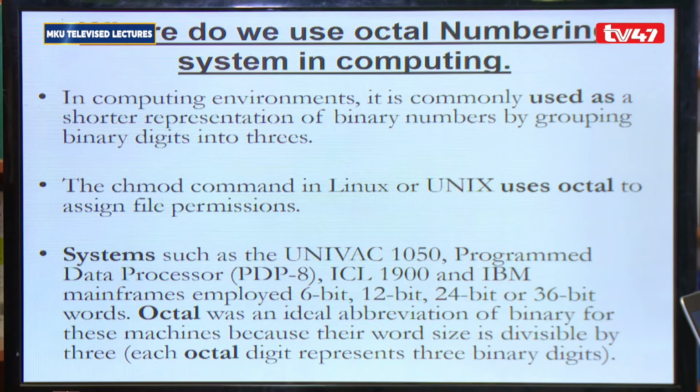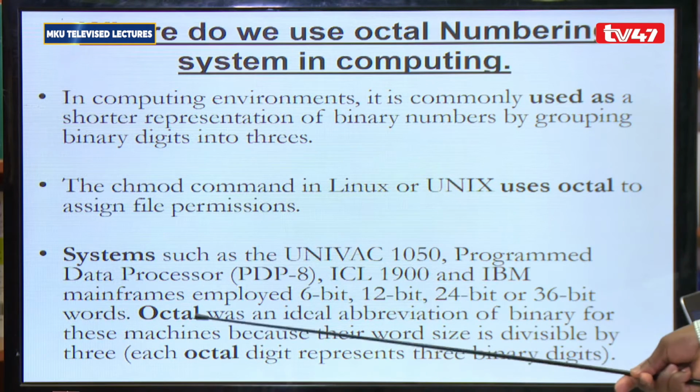Again, some systems that were designed earlier, like the universal automatic computer, the programmed data processors or the PDP, and some machines produced by IBM, that is the mainframe computers, were using 12 bits, 24 bits and 36 bits.